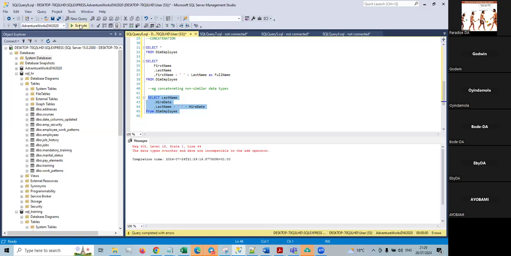It's not going to happen because these two are different data types.